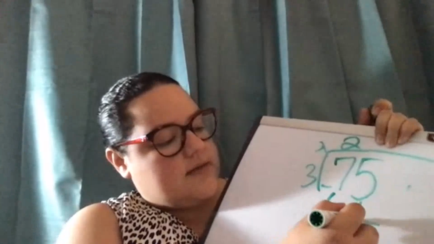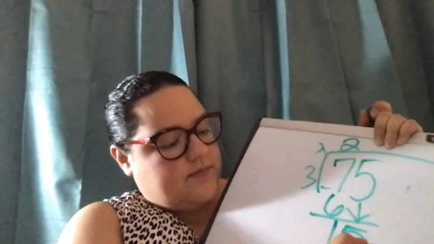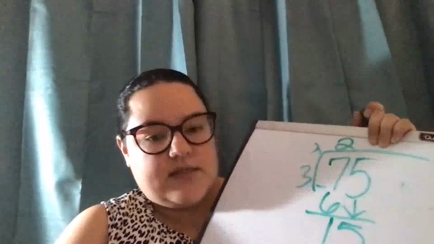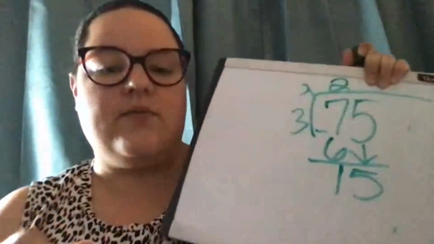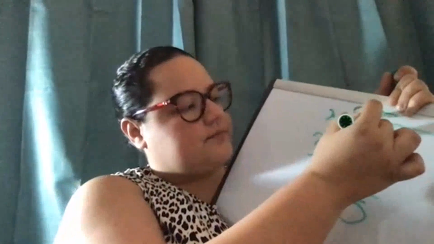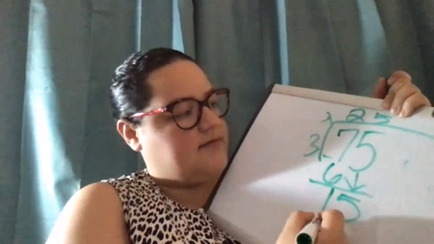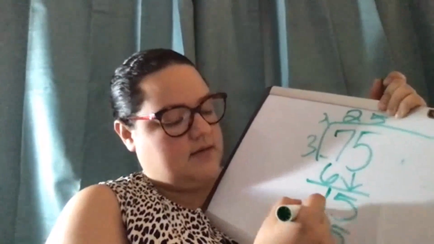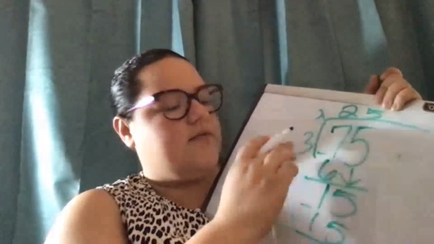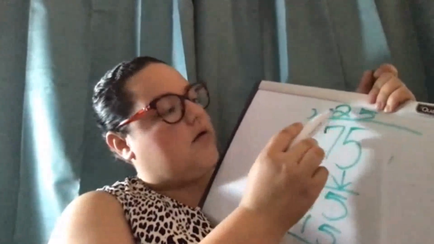Then we are going to bring down this 5. 3 times what number goes into 15? 5. 5 times 3 is 15. We subtract and we get 0. So we have no remainders, and the answer we got is 25.